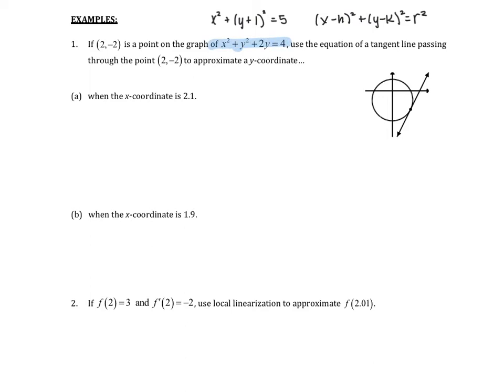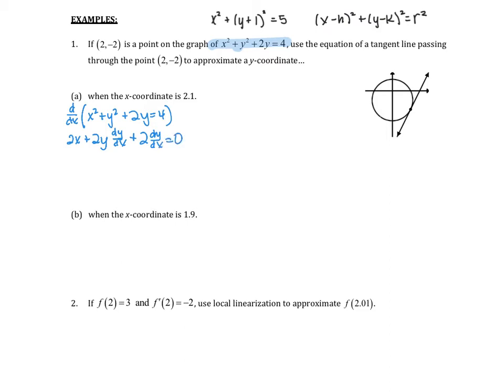We take the derivative with respect to x of x squared plus y squared plus 2y equals 4, and we get 2x plus 2y dy/dx plus 2 dy/dx equals 0.